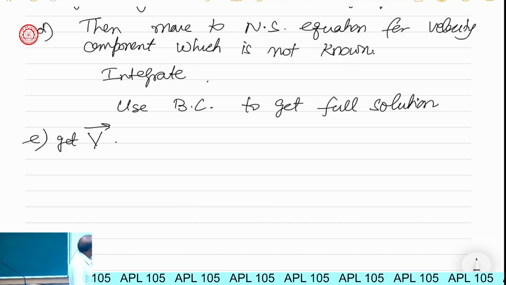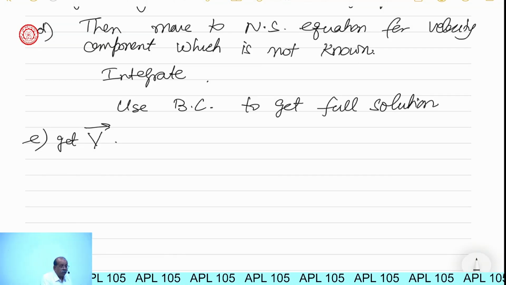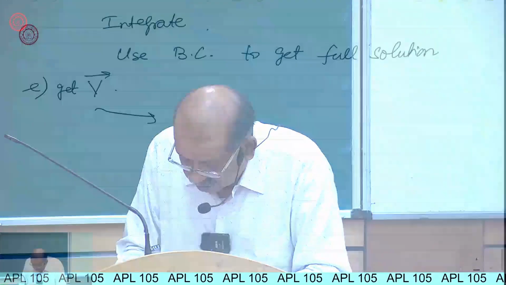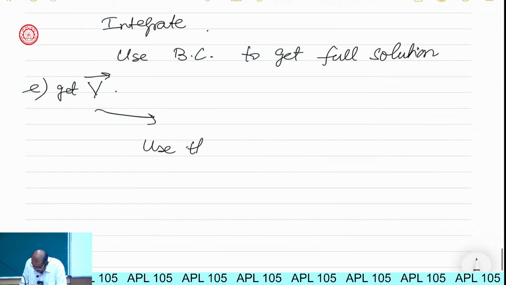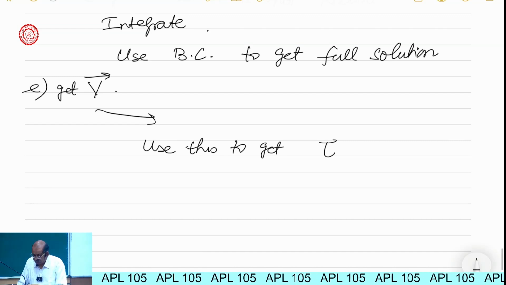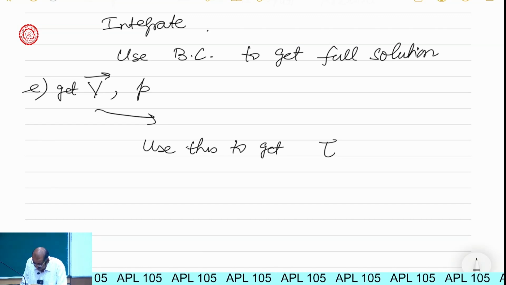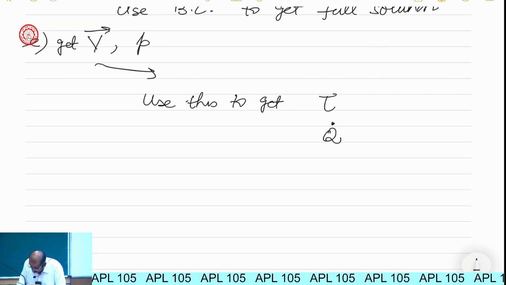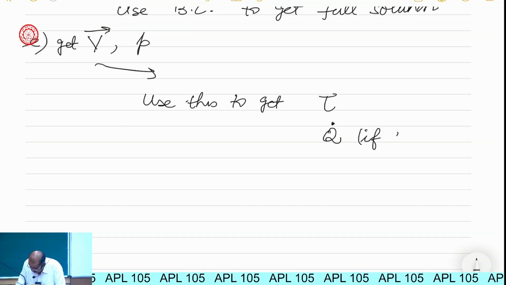Now, this may not be the final answer. The problem may ask you to find forces, or it may ask you to find flow rates, etc. So once you have the velocity profile, use this to get shear stresses, get the pressure and flow rate if asked.